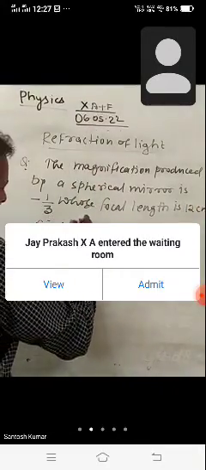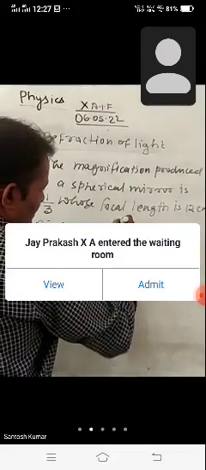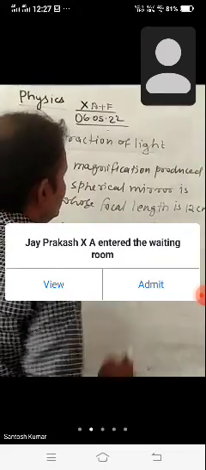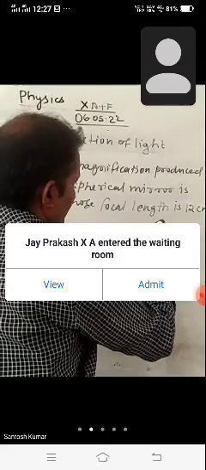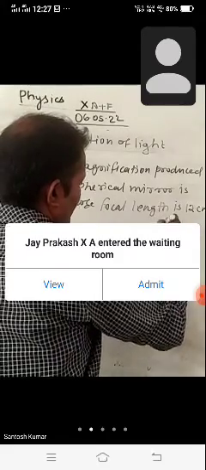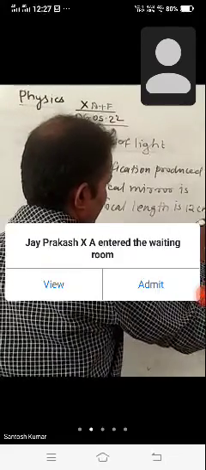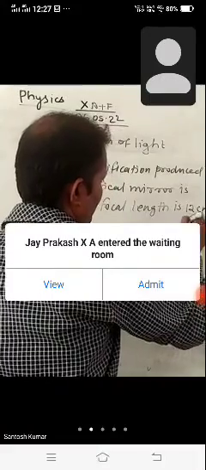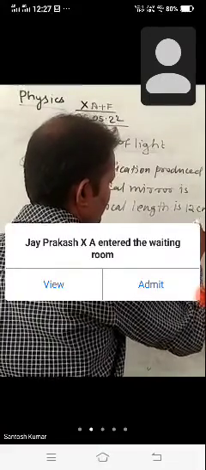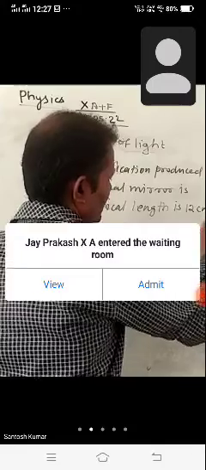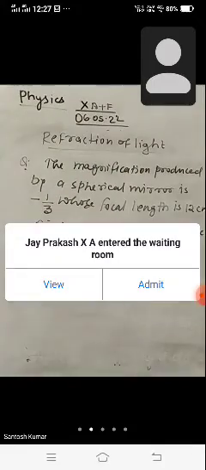Find the position of the object. This is the question. Just note down the question.